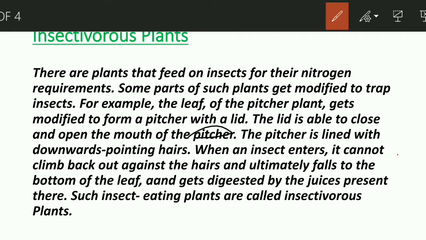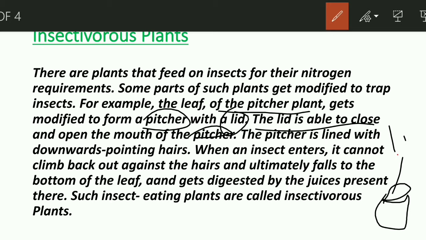Okay, and the pitcher has a lid. The lid is able to close and open the mouth of the pitcher. It looks something like this. And this is the lid, this is the pitcher.